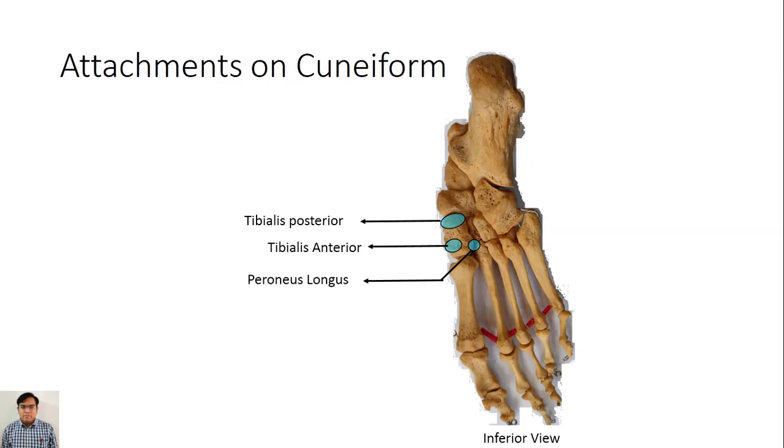Just lateral to tibialis anterior there is insertion of peroneus longus, and the lateral cuneiform gives attachment to flexor hallucis brevis and origin of adductor hallucis.